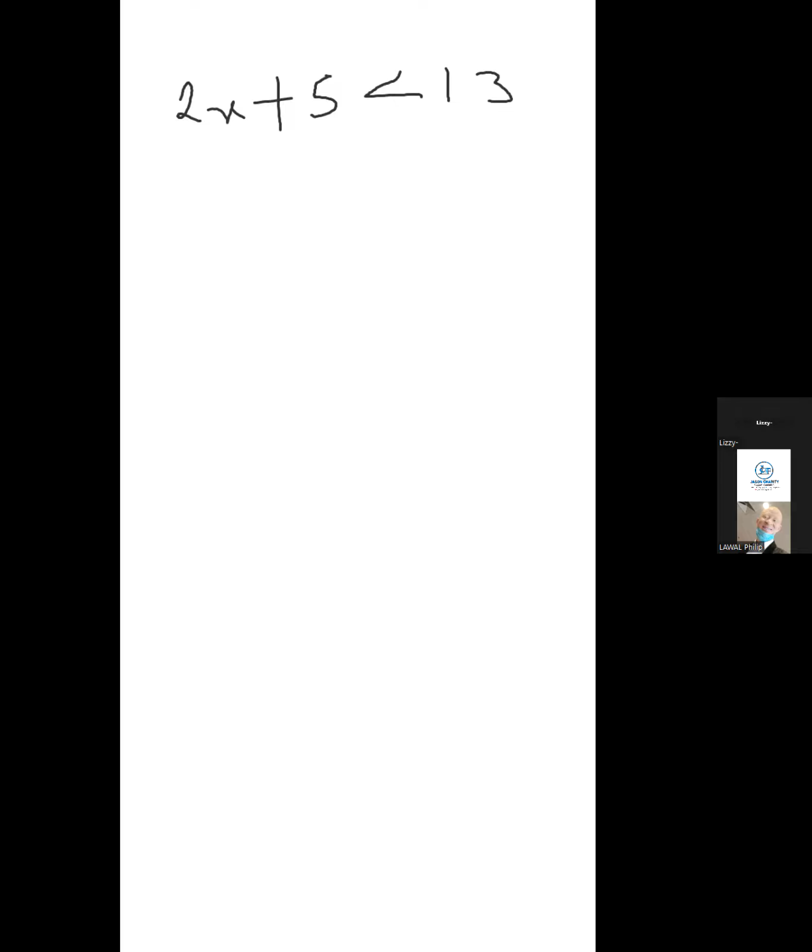Tactically, I am going to pretend to ignore this sign and put equal to instead. So it will now be 2x plus 5 is equal to 13.